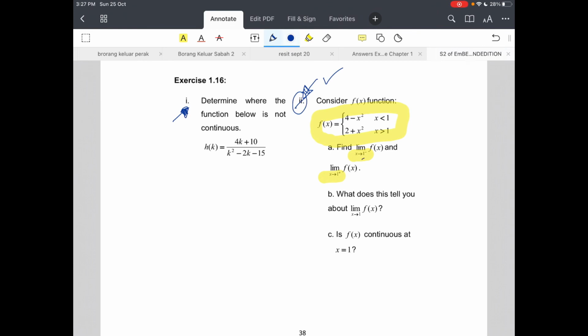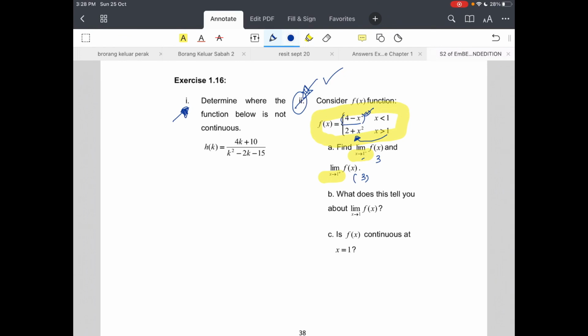From the left side, you are looking into the first function here. If you pick this one and direct plug in, you will get 3. And from the right side, if you direct plug in on the second function, you will also get 3.